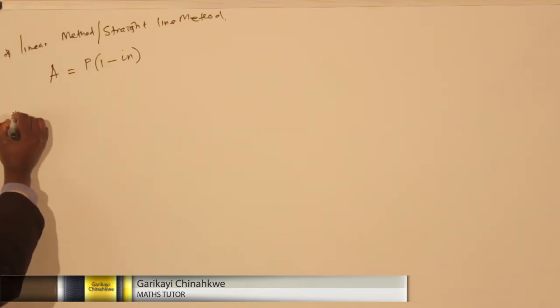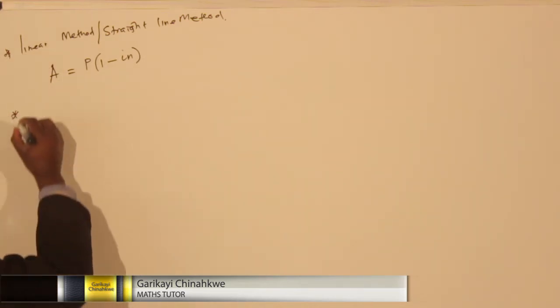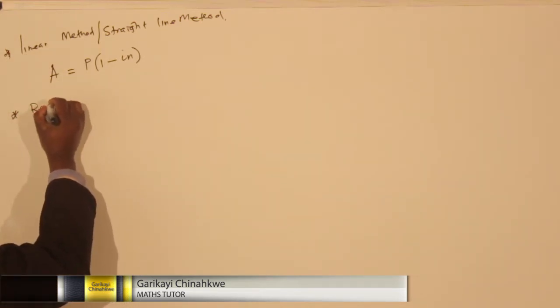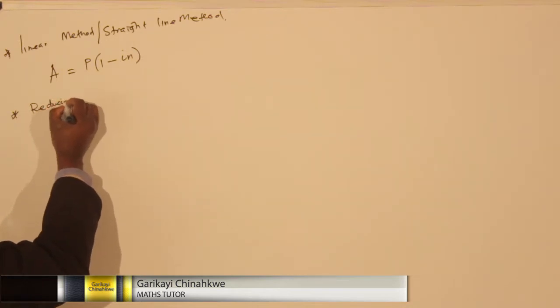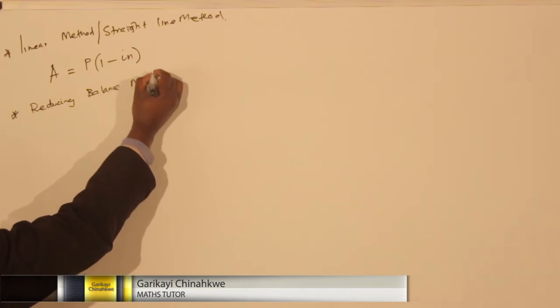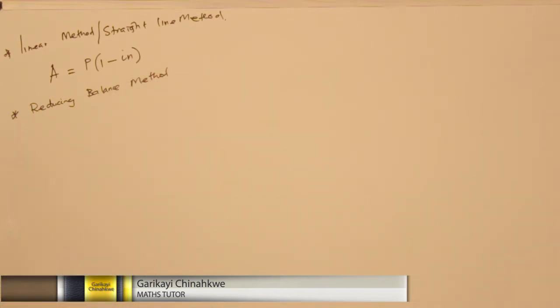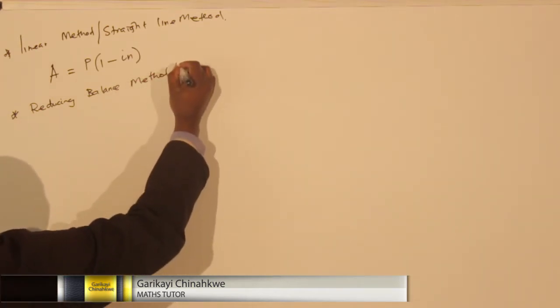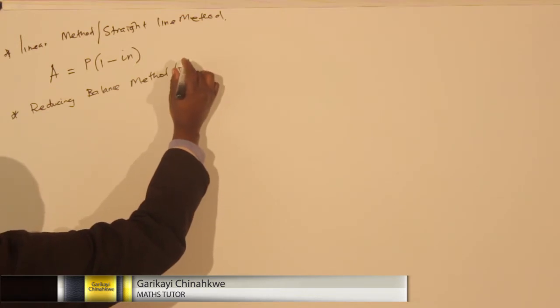Then the second one, we are talking of reducing balance method. The reducing balance method, sometimes it is called diminishing balance method.